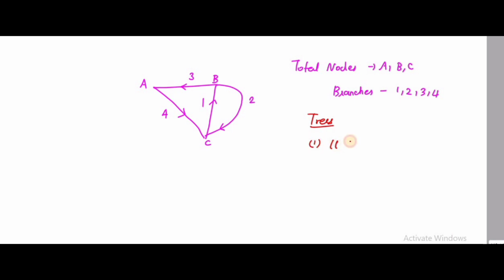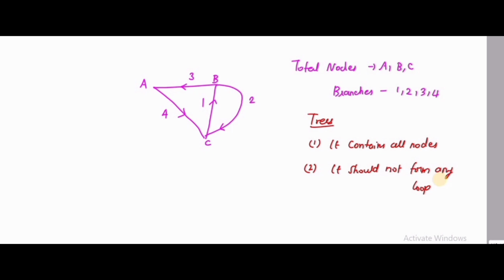So what is a tree? A tree contains all the nodes, and it should not form any loops. There should be only one direction, it should not be in either way.